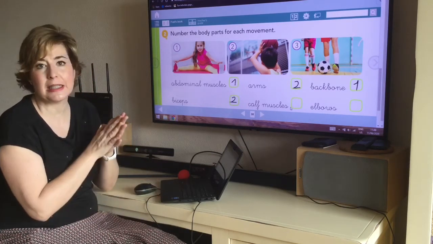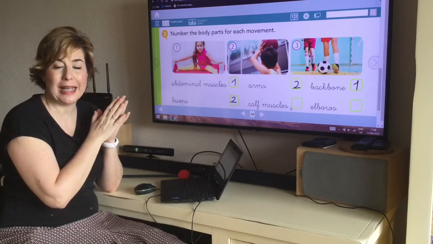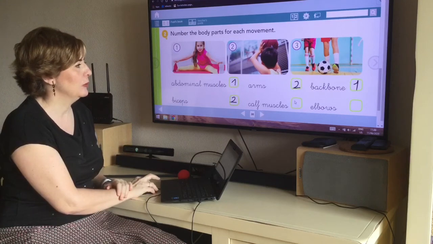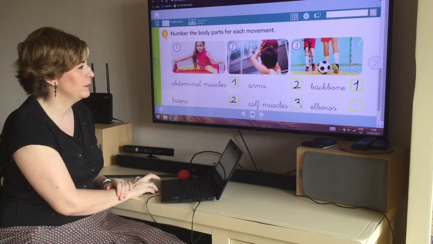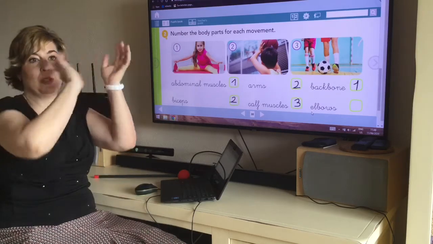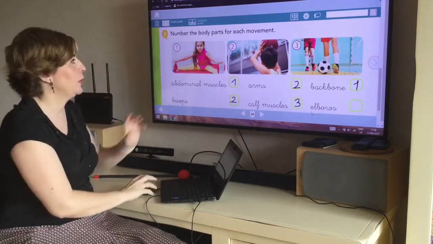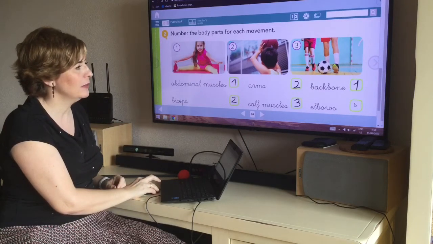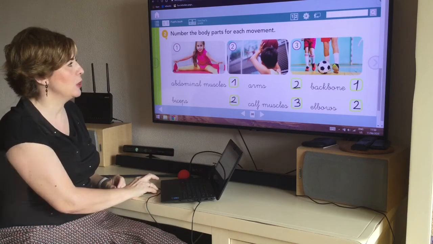The muscles that you have at the bottom of your legs. The children playing football. Well done. And who is using the elbows for throwing? This boy who is playing basketball. Number 2, he's using the elbows.